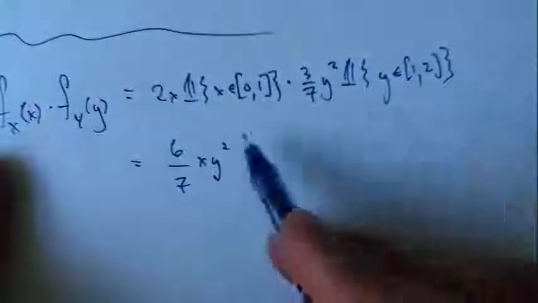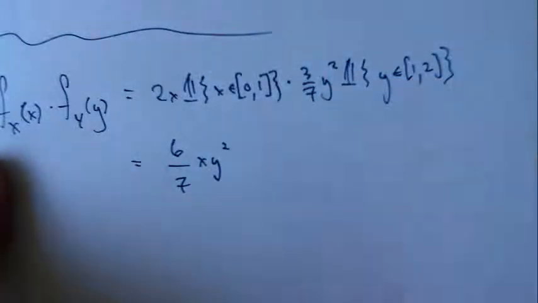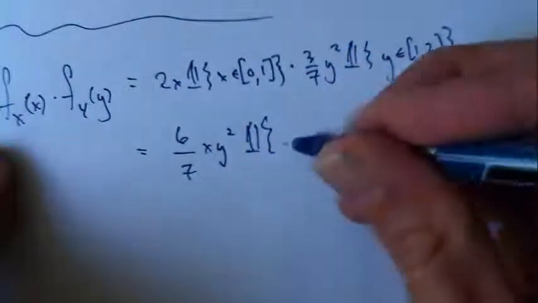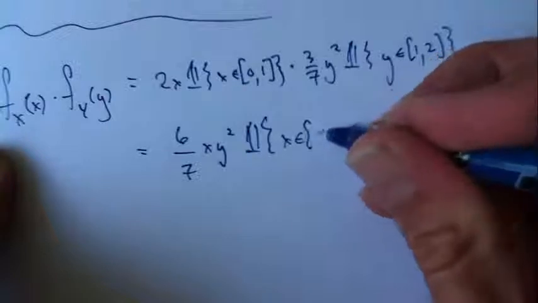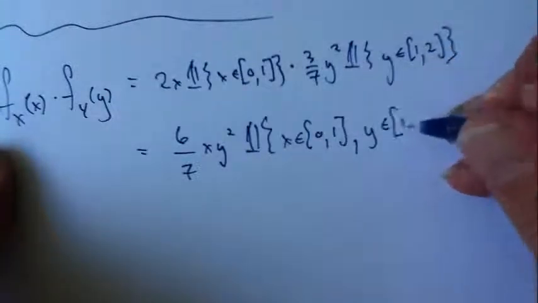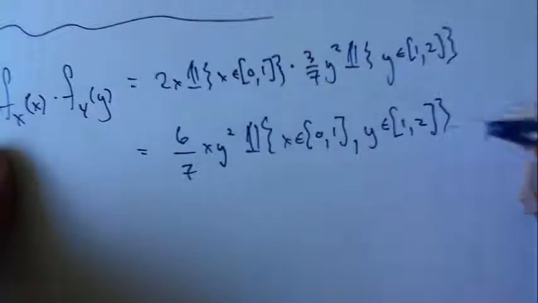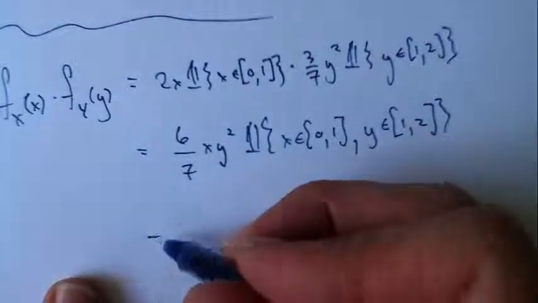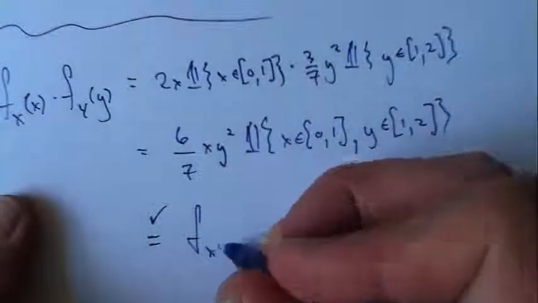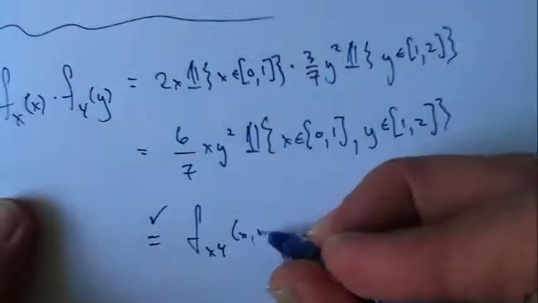I could bring these indicator functions back together to say it's 1 if x is between 0 and 1 and y is between 1 and 2. And you see that this is indeed equal to the joint density function for x and y.